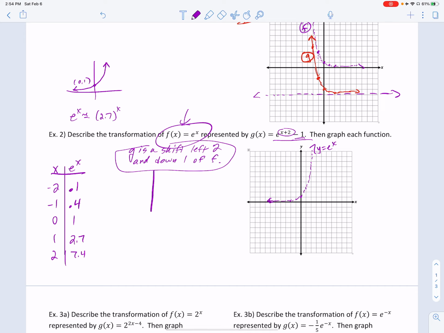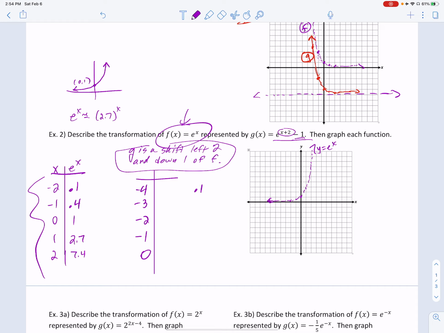So I want the table of values where these 5 points go. Left 2 affects x, so subtract 2 from x. And those will be my 5 x values that I need. And then down 1, subtract 1 from y.